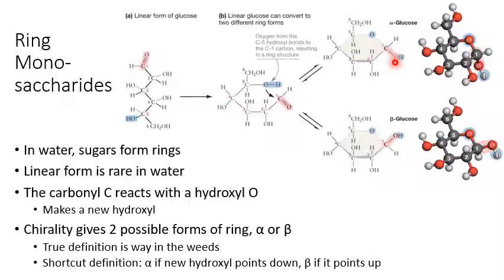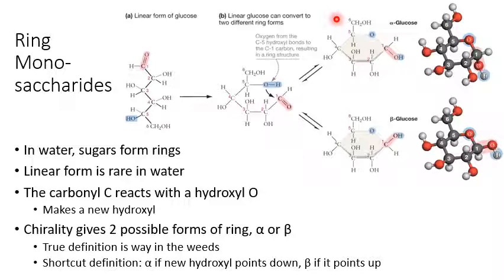So there's a couple of different ways that this reaction can go, or a couple of different types of ring sugars that you can end up with. You could end up with this one where the hydroxyl group is pointing down, or you could end up with this one where the new hydroxyl group is pointing up. So anytime you have a linear sugar and you put it into water so it makes a ring, there's always two different rings that you could form. Always you could form one where the new hydroxyl group points up, and you could form one where it points down.